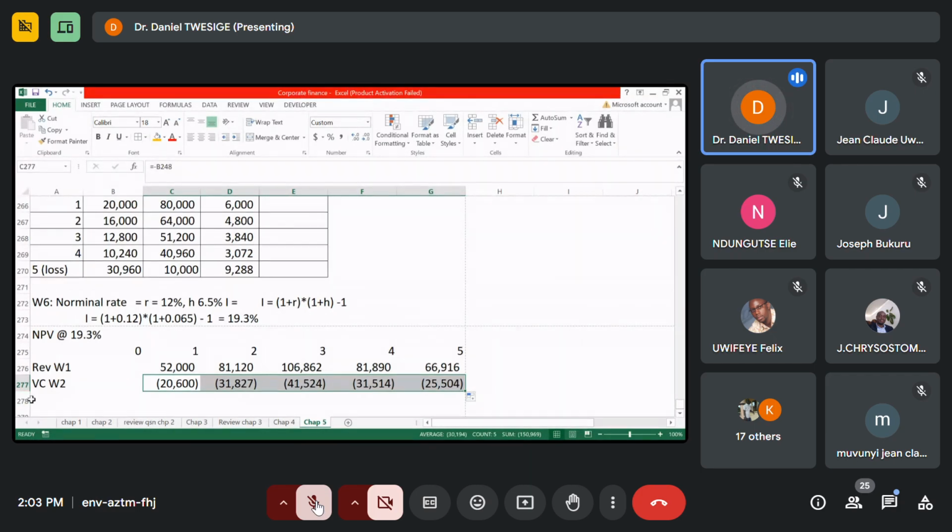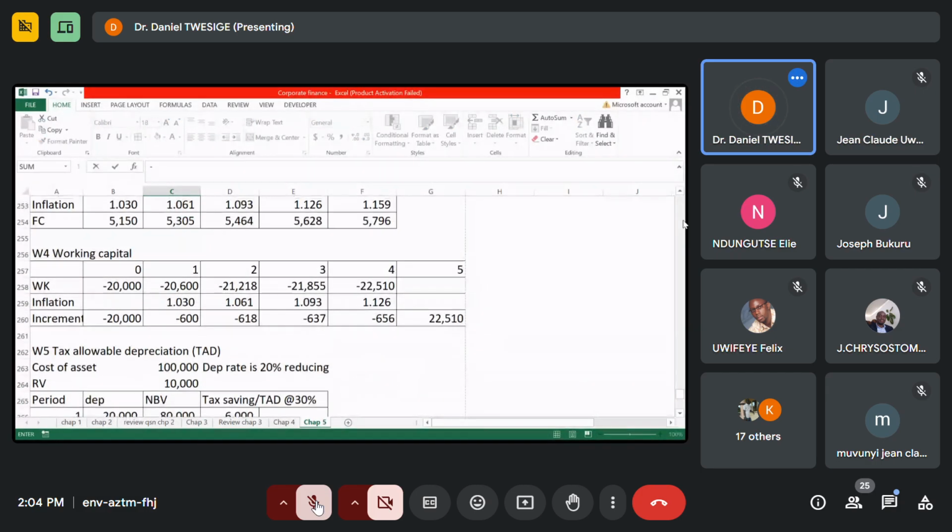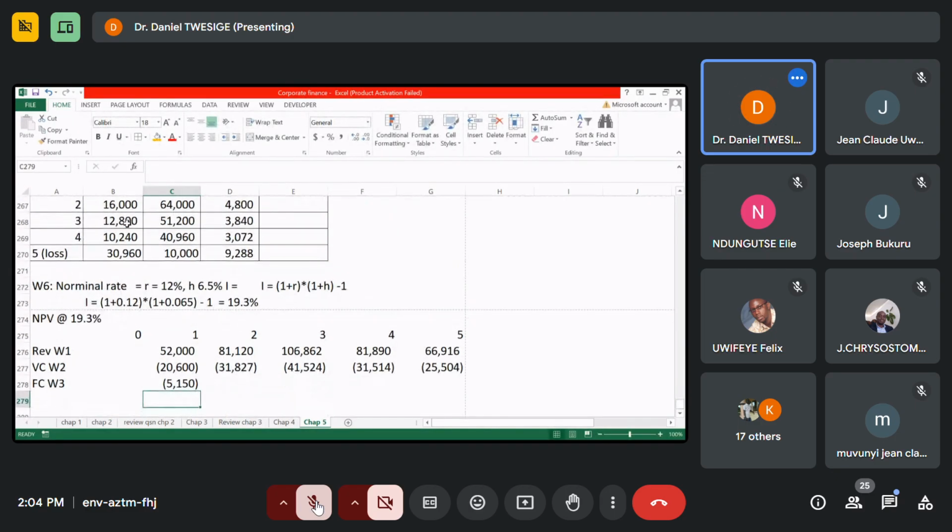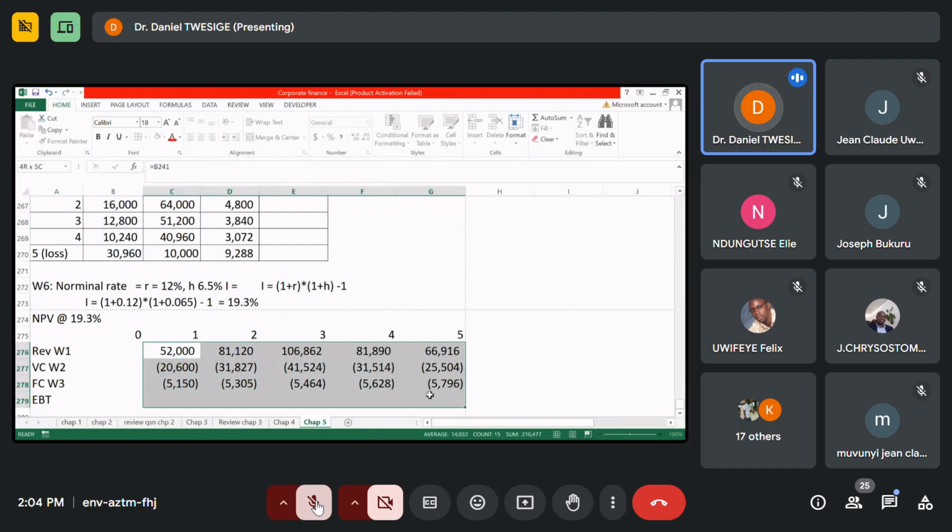Then my fixed cost, working number 3, I can copy. It is here, I think. So my earnings before tax, my EBT, is here. Remember, the question told us tax is paid in the same year.